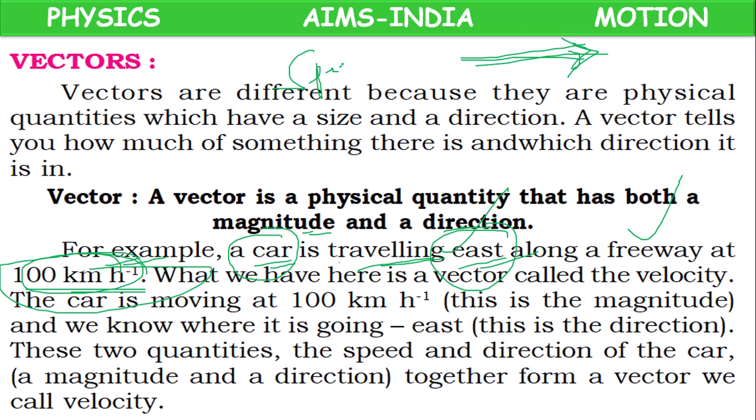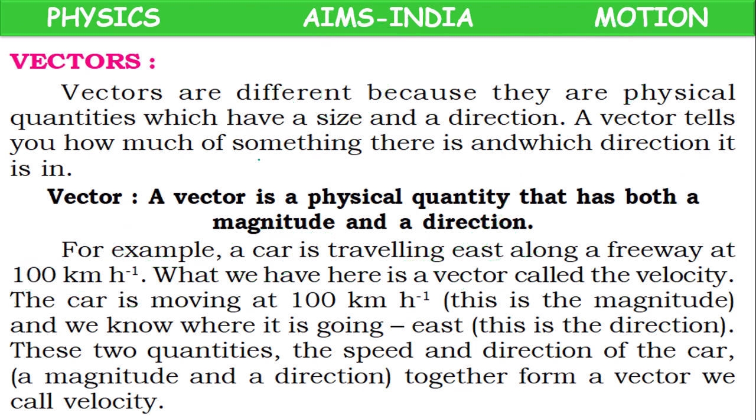Here we are measuring the speed of the car, which is a quantity that depends on both direction and numerical value. So for describing the motion of the car, we need both values, its direction and its size.